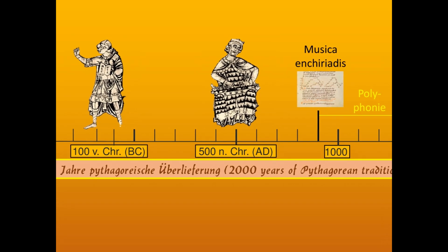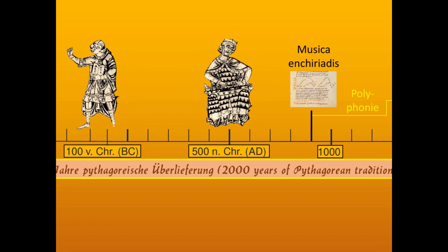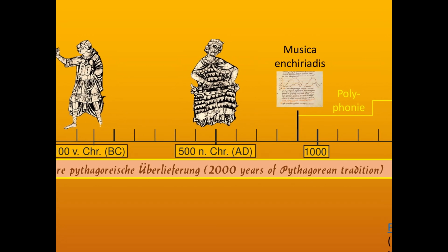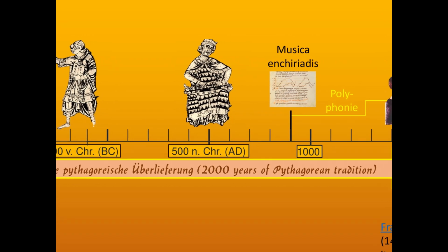The triads that are common today were not known until the Renaissance. The music was essentially monophonic, as we know it from Gregorian chants.